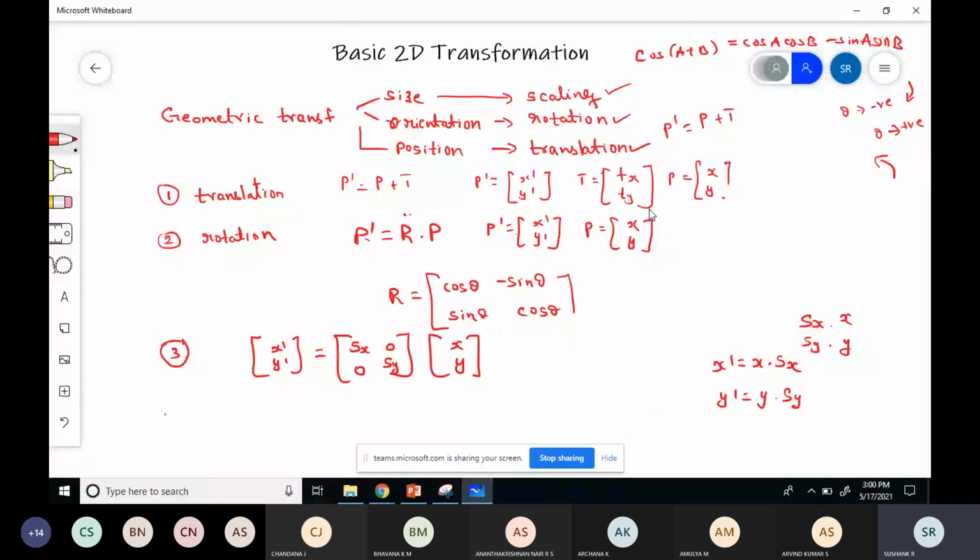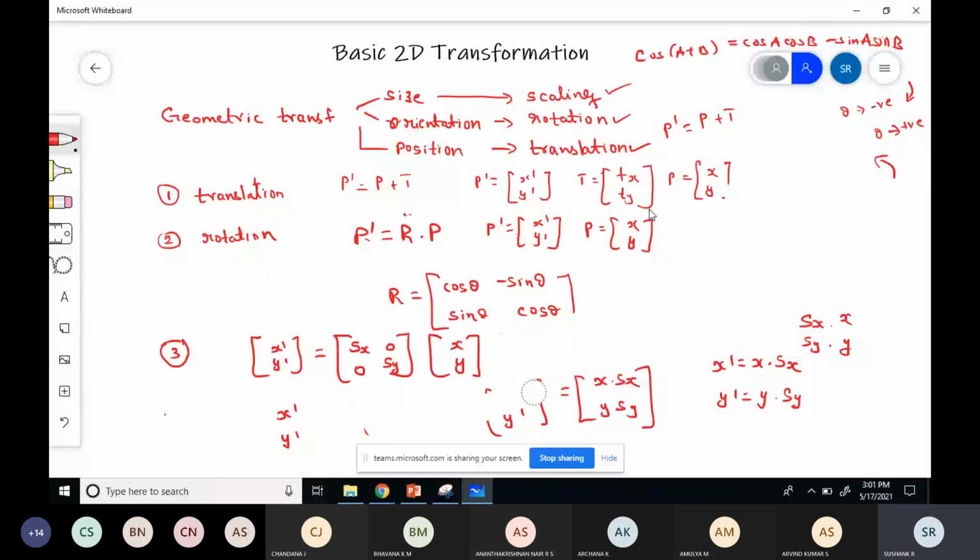So X dash is Sx into X plus 0 into Y, which is 0, and Y dash is 0 into X plus Sy into Y. Finally, X dash, Y dash is equivalent to the resultant matrix X into Sx, Y into Sy. That's all.